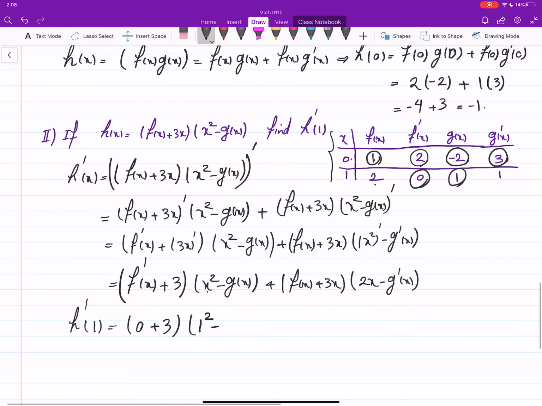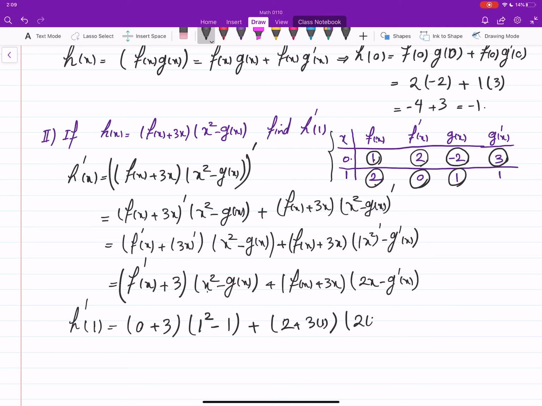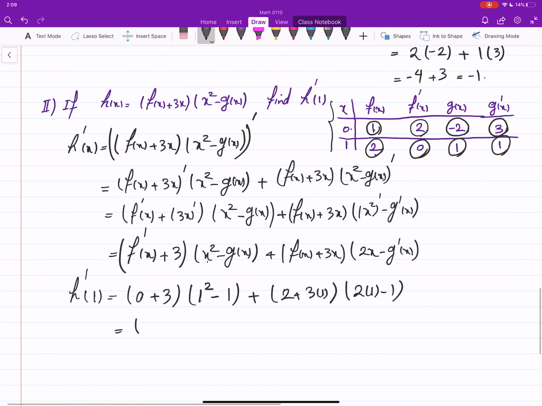G at 1 is 1, plus f at 1, which is the value of f at 1, plus 3 times 1, times 2 times 1 minus g prime at 1, which is 1. This gives us 3 times 0 plus 5 times 1. This is 0 plus 5, which gives us just the number 5.